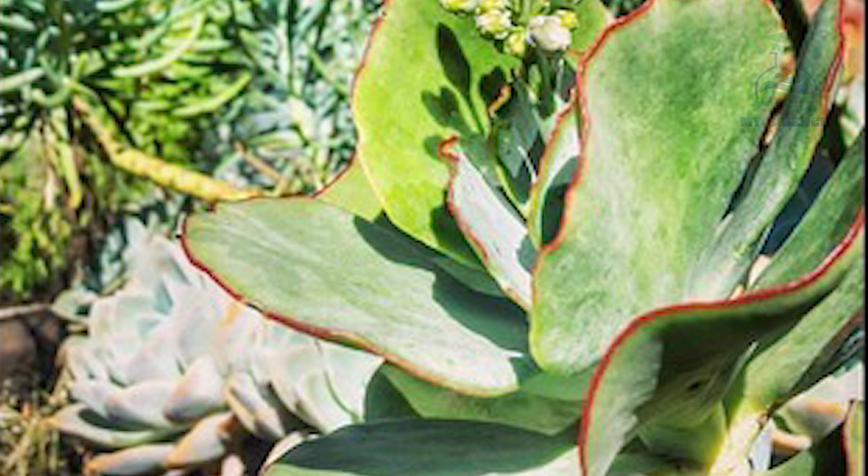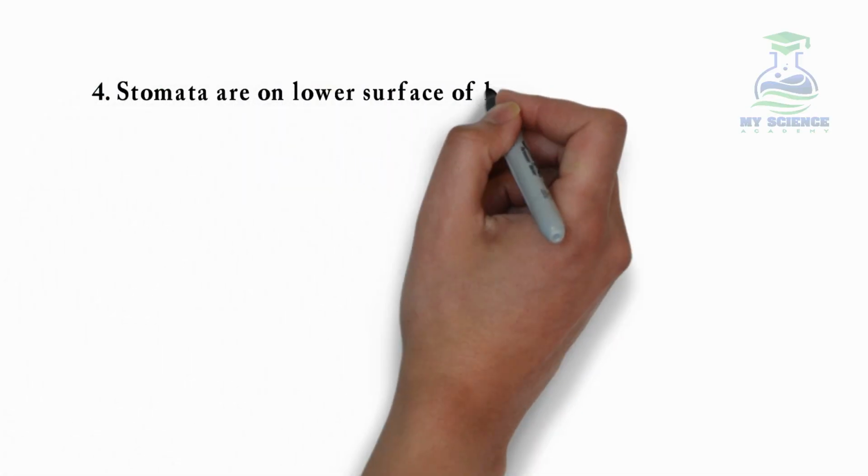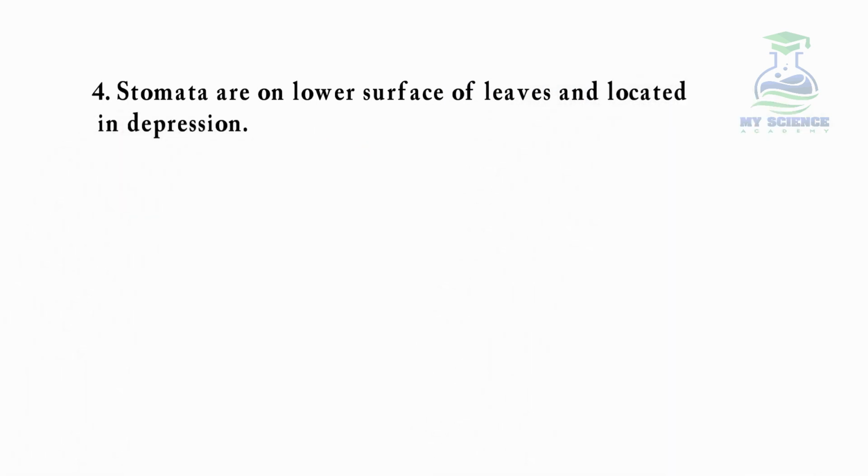Here you can see in this diagram, the leaves are very thick, they are small in size, and they have a leathery texture, so that can prevent the loss of water. Number 4, stomata are on the lower surface of the leaves and located in depressions.